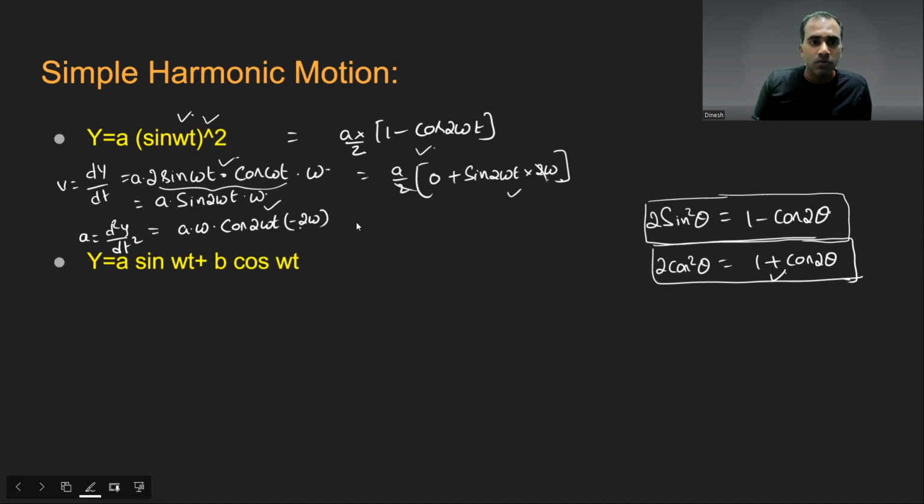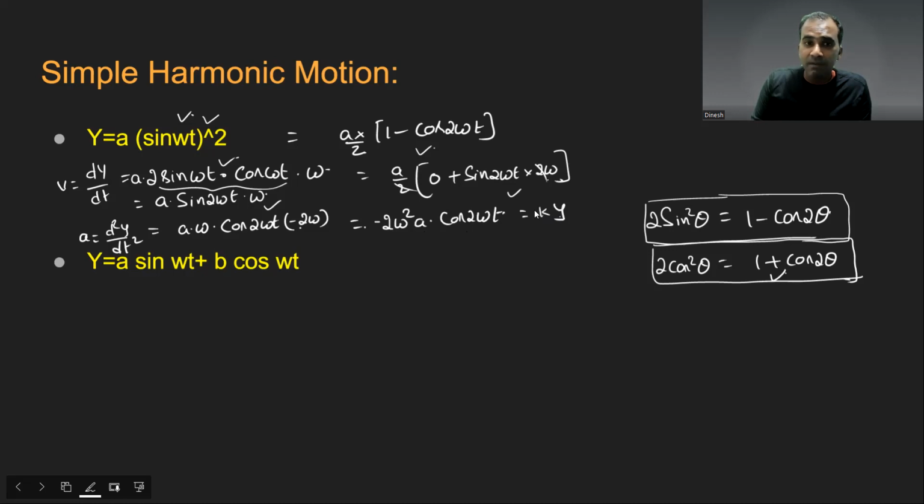So we get minus 2 omega square into a into cos 2 omega t. We have to express it in terms of y, some constant times y.